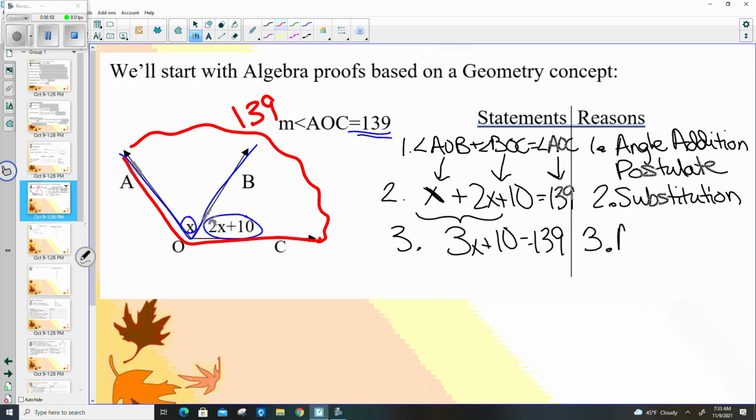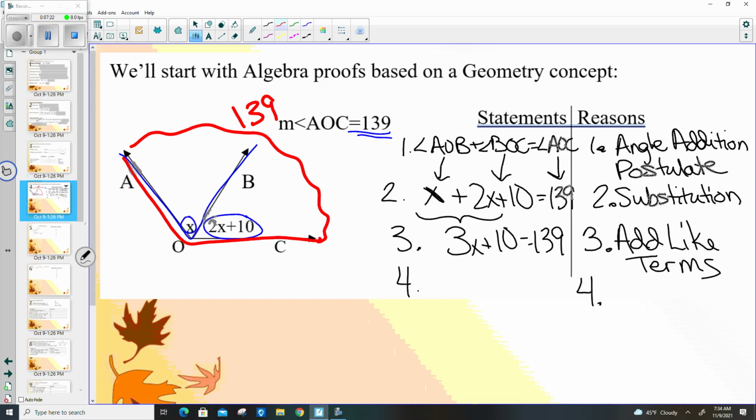You can write combine like terms, you can write add like terms, however you want to phrase it. But don't just leave it adding, because just adding is when we add the same thing to both sides of the equation. But because we put those two together and they were like terms, we're adding like terms or combining like terms. Specific wording, I don't care as long as you have the idea behind it.